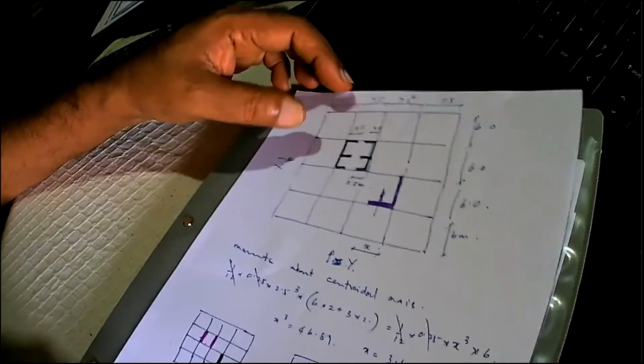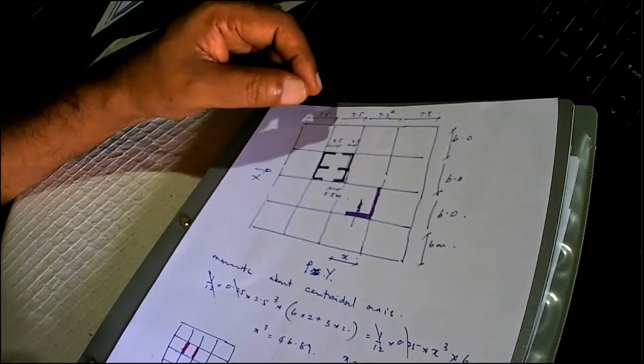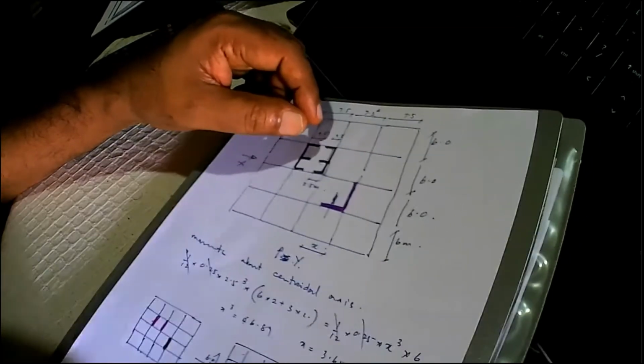So now today we see how we can create a model, and what are the important aspects that we have to consider when you are creating a model for a building like this.